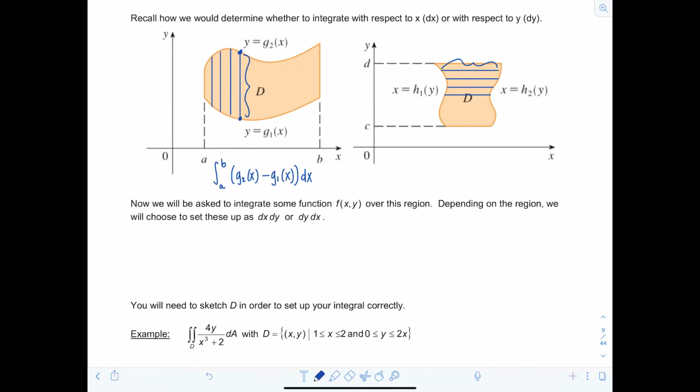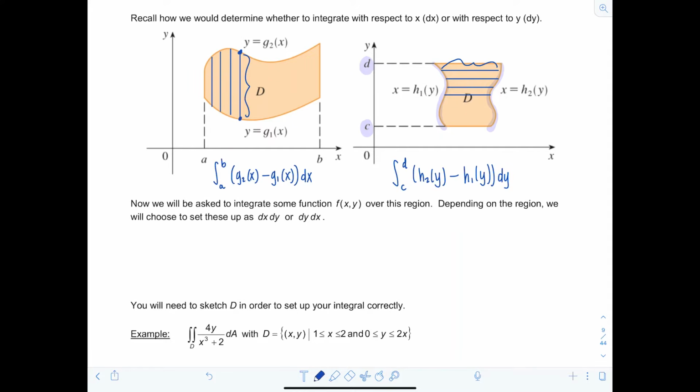And then the height you could find by taking the values of the curve on the right and subtracting the values on the left, right minus left. So you would have an integral from c to d, matching limits for the y direction this time, of h sub 2 of y minus h sub 1 of y dy.